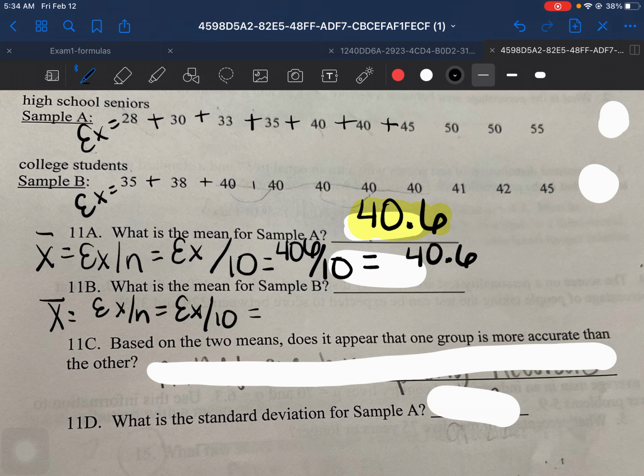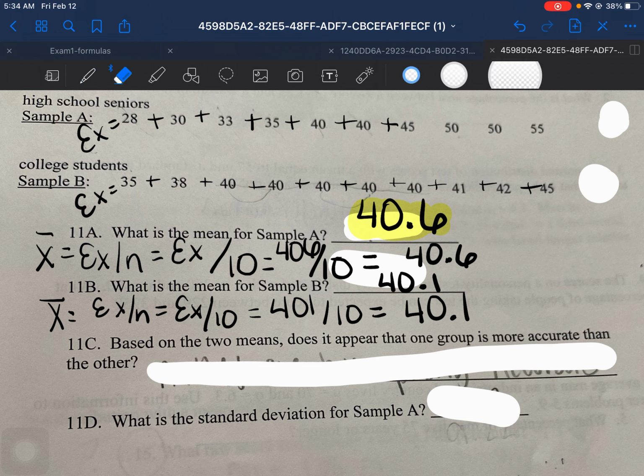So now I have to add up these ones. So that is going to be 401, it looks like, which is 40.1. So that is our mean for sample B.